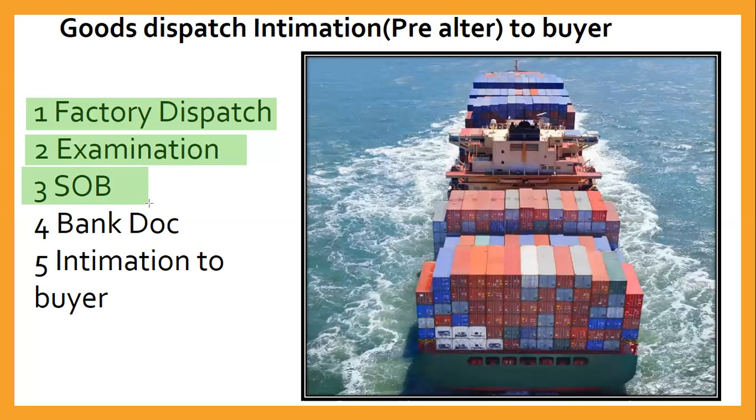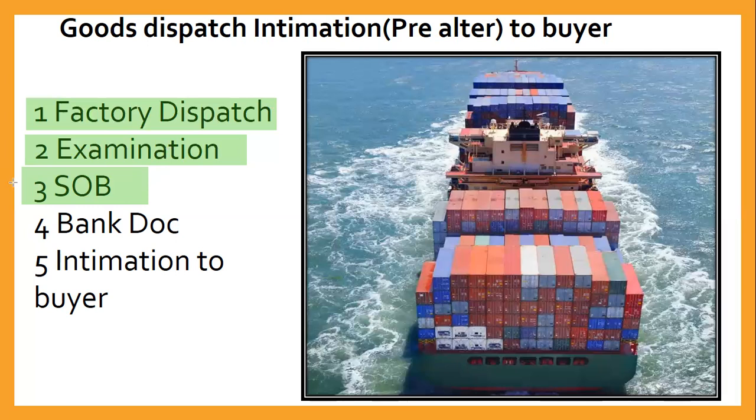SOB date means the cargo is loaded on the ship and the ship departs from the seaport. This SOB date is very important, because by this date we can calculate the transit time, since the actual shipment moves through the ship from this date. At this stage, the shipping line provides us the bill of lading.